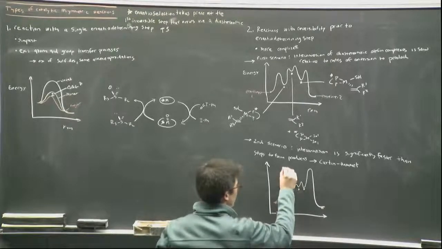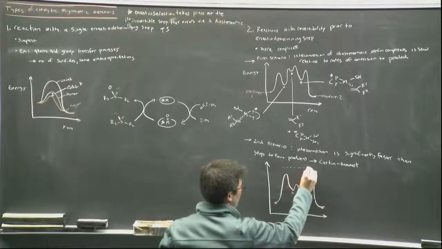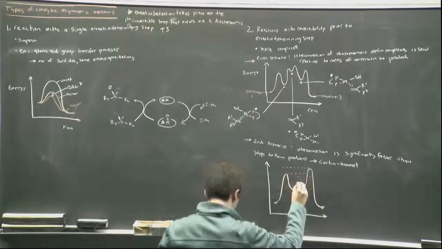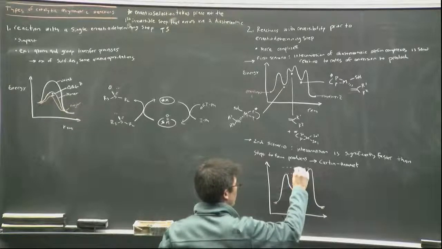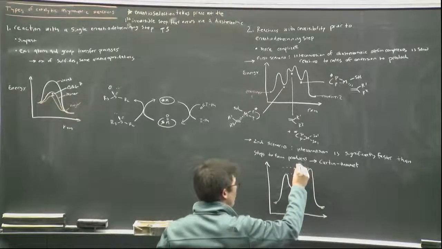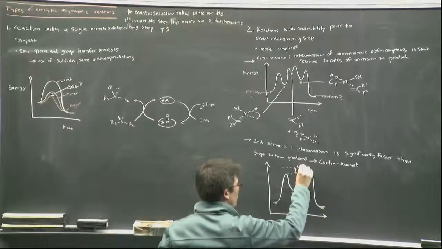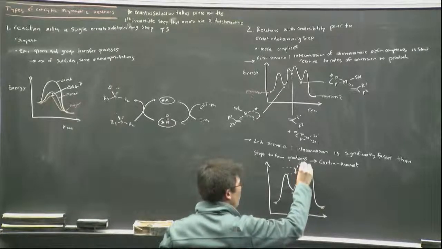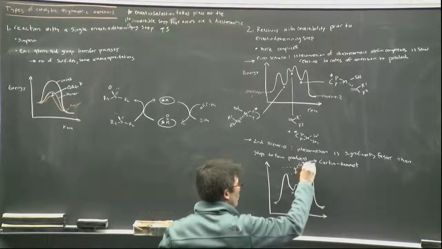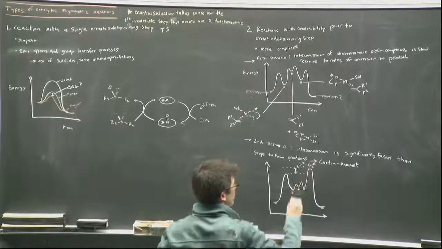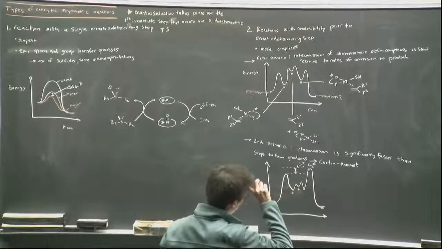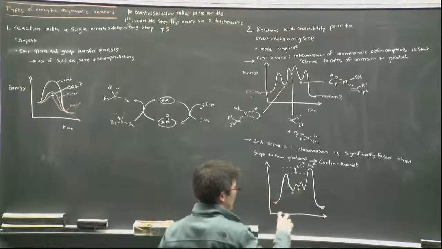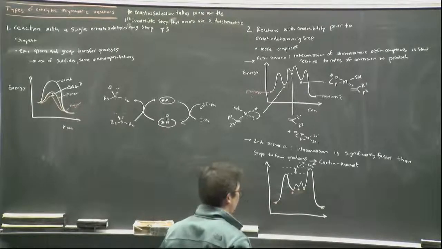So in the end, this process is going to be determined by this barrier, the difference between those two barriers, G1 double dagger minus G2 double dagger.